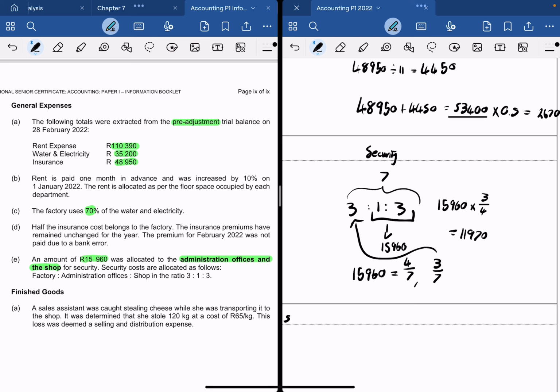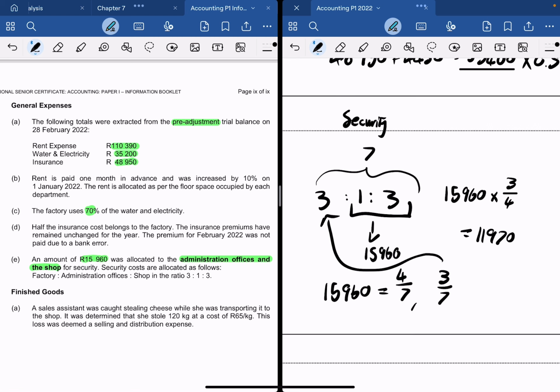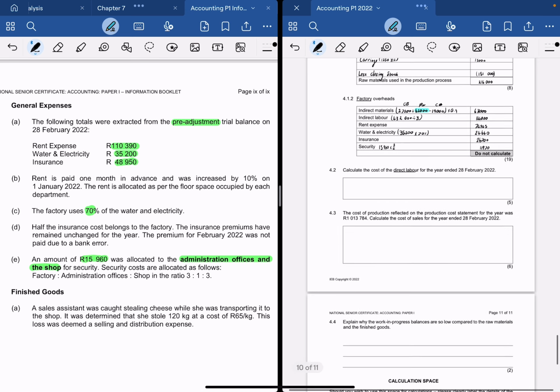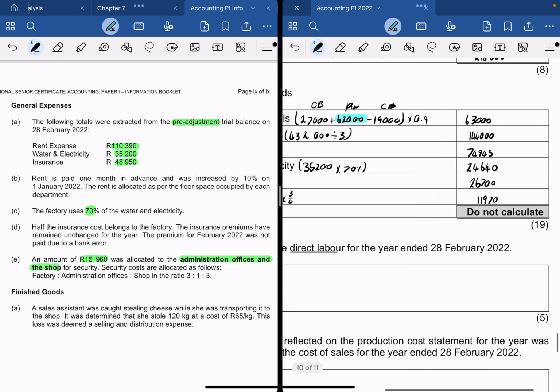So that basically also means 11,970 is allocated to the shop, and then 3,000. If you take this figure and divide it by 4, that's how much will be allocated to the admin offices. A little bit tricky with the wording there, but just take it step by step, and all will be well. Cool. 19 marks there.